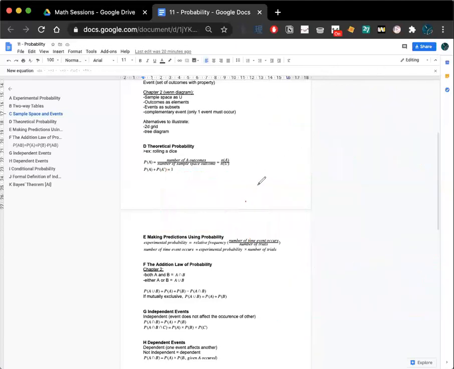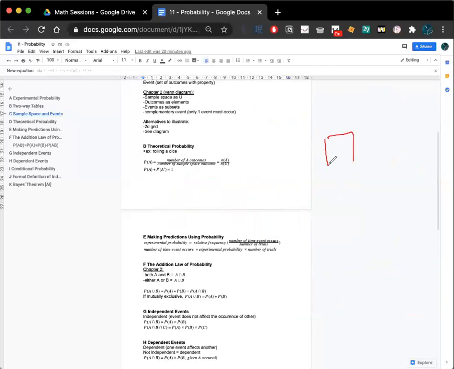Okay, so next up, we have this thing where sometimes you have a probability and you want to find the number of times something occurs.